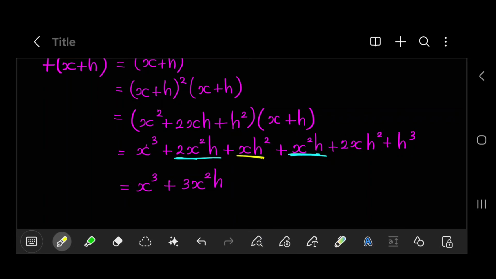Then we've got xh squared plus 2xh squared, which becomes 3xh squared, and the last term is h cubed. So this cannot be further simplified.